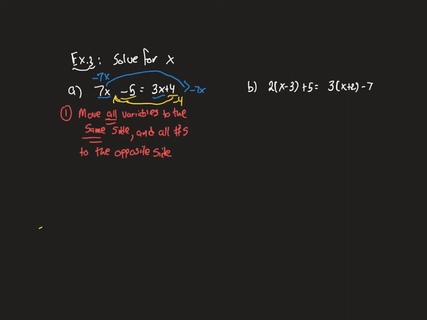I'm trying to do both my steps at once. Okay. So that's going to give me negative 5 minus 4 is equal to 3x minus 7x. That brings you to your second step, which is to collect your like terms.